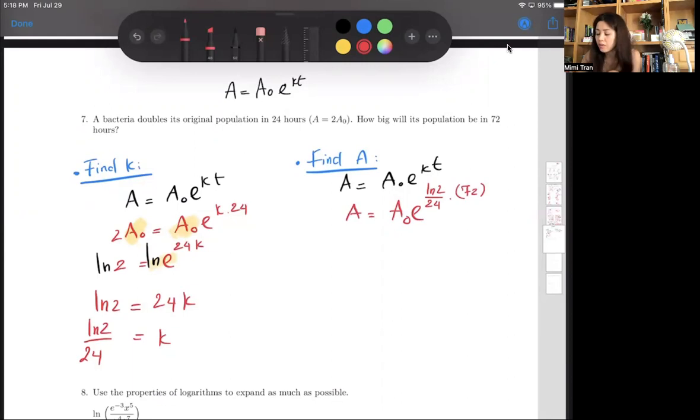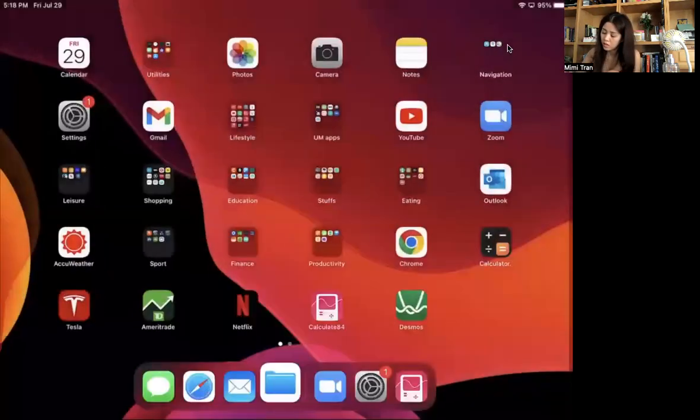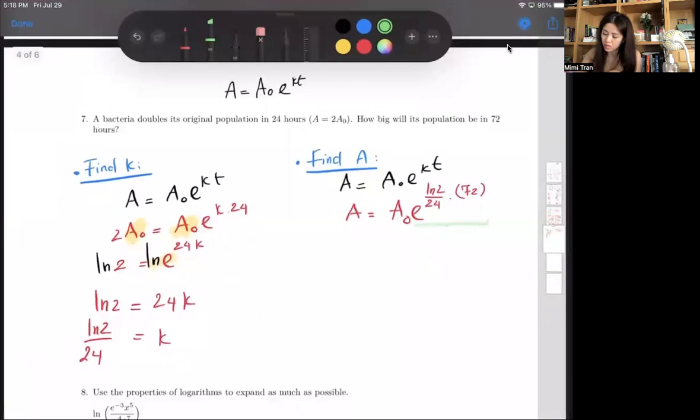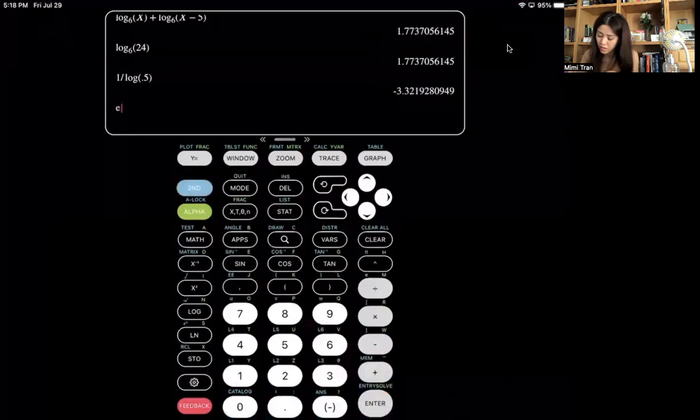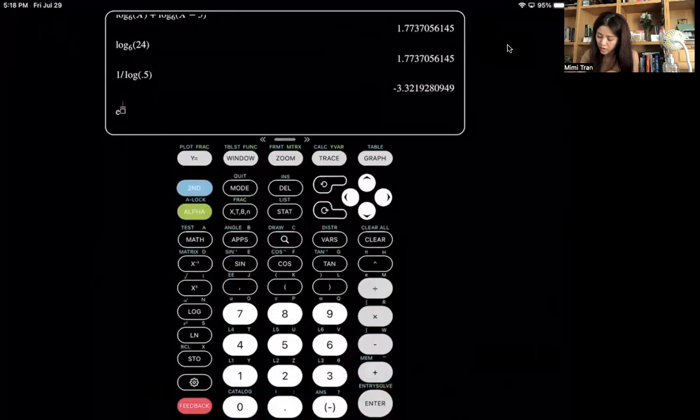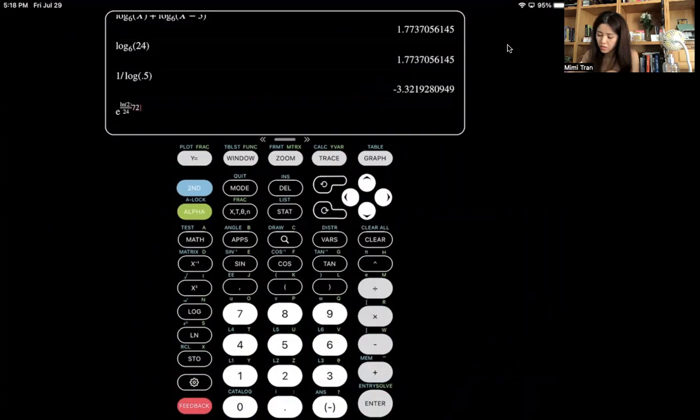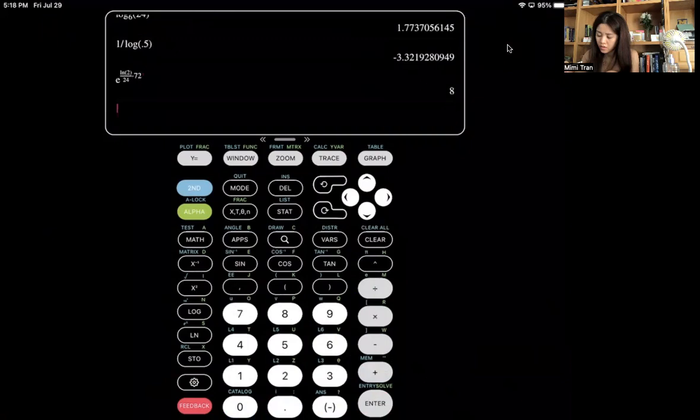All right, plug it into the calculator for this part. So e to the ln of 2 over 24 times 72 is 8.